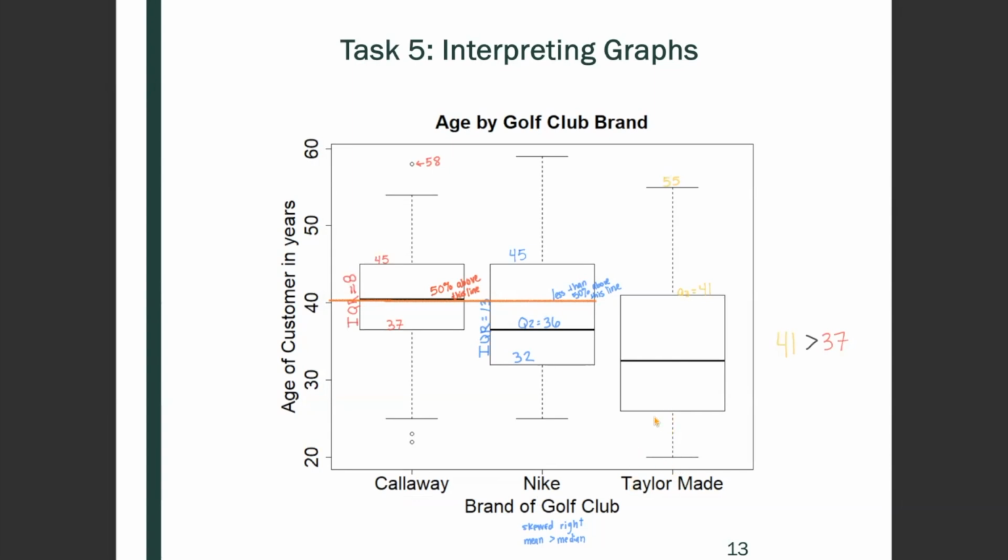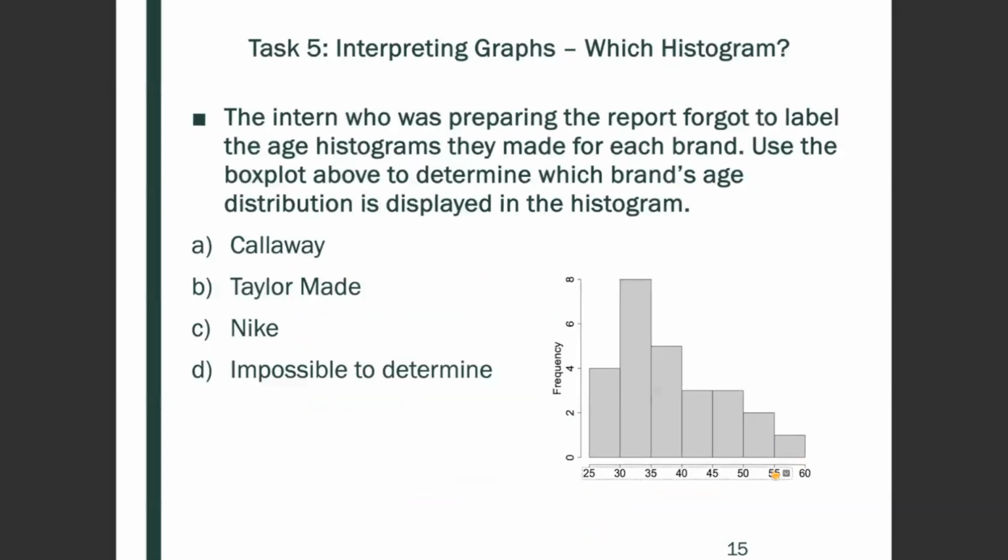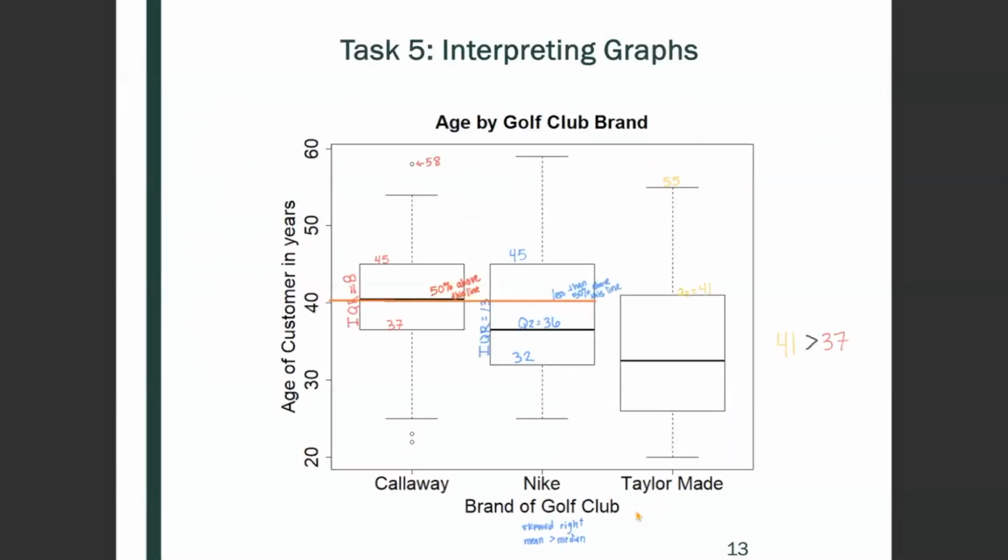TaylorMade has values less than 25, and it doesn't even make it up to the maximum value, which is 60. It stops at around 55. If we look at the bin, 55 is one of the endings of a bin, but then we also have a bin from 55 to 60. So TaylorMade is also not a good option.